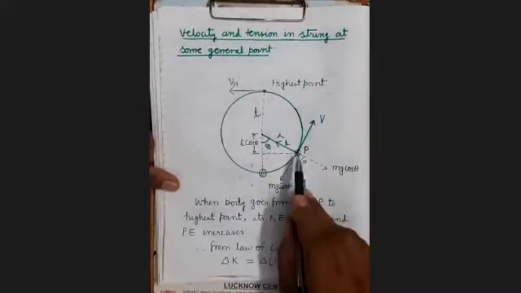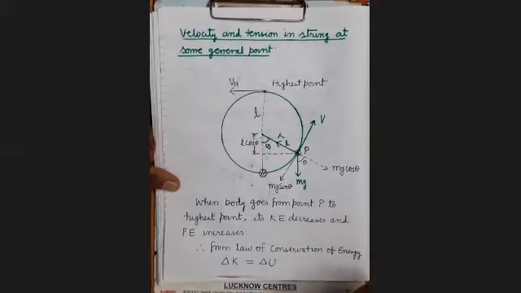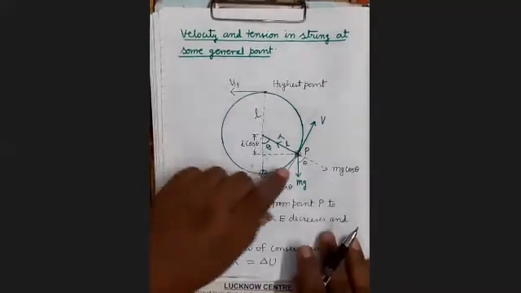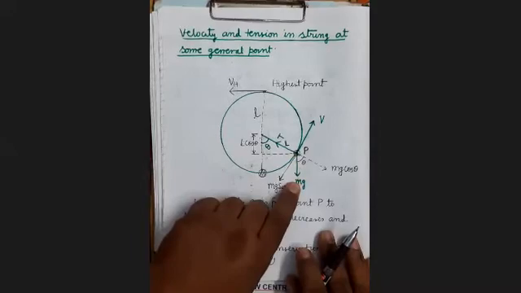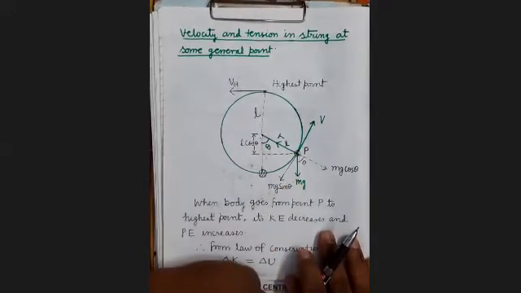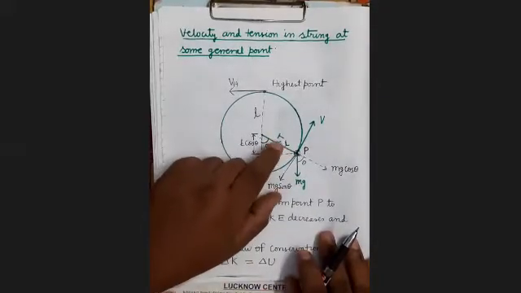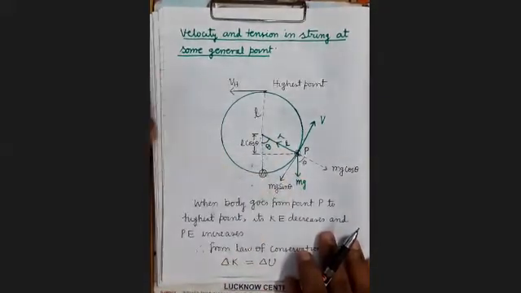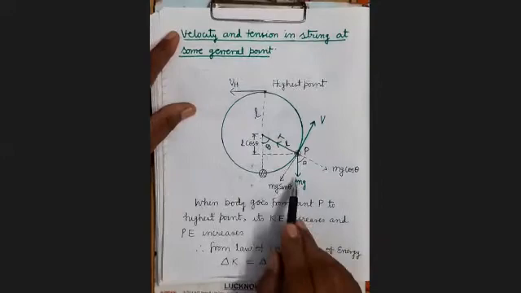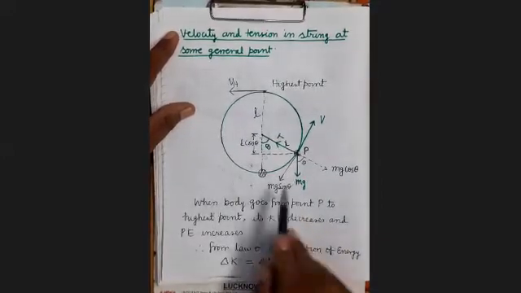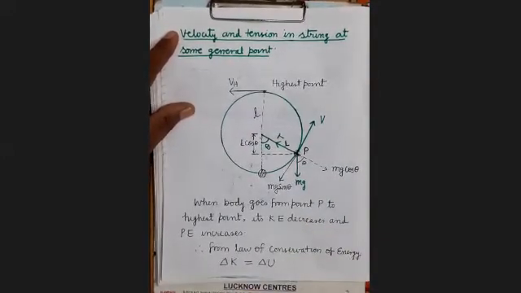How many forces will act upon the body here? One is the tension in the string T, and another is its weight mg acting vertically downward. Now the resultant of these two, T and mg, will provide the necessary centripetal force. But you can see that T and mg are neither in the same direction nor in the opposite direction.